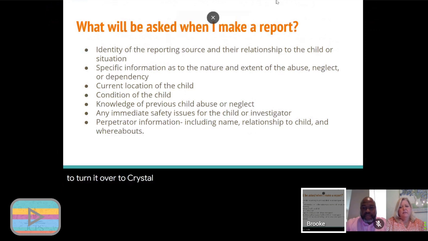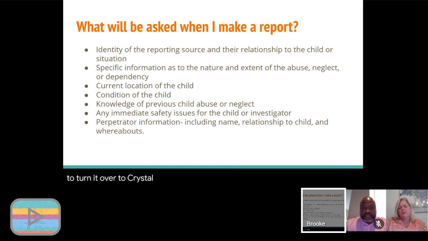So a lot of questions are always like, what will be asked when I make a report? You will be asked your name and the relationship to the child or individual. Part of that is simply so we know how the information came about. Calls and emails are able to be anonymous. You can make them through the web and you can give a fake email.